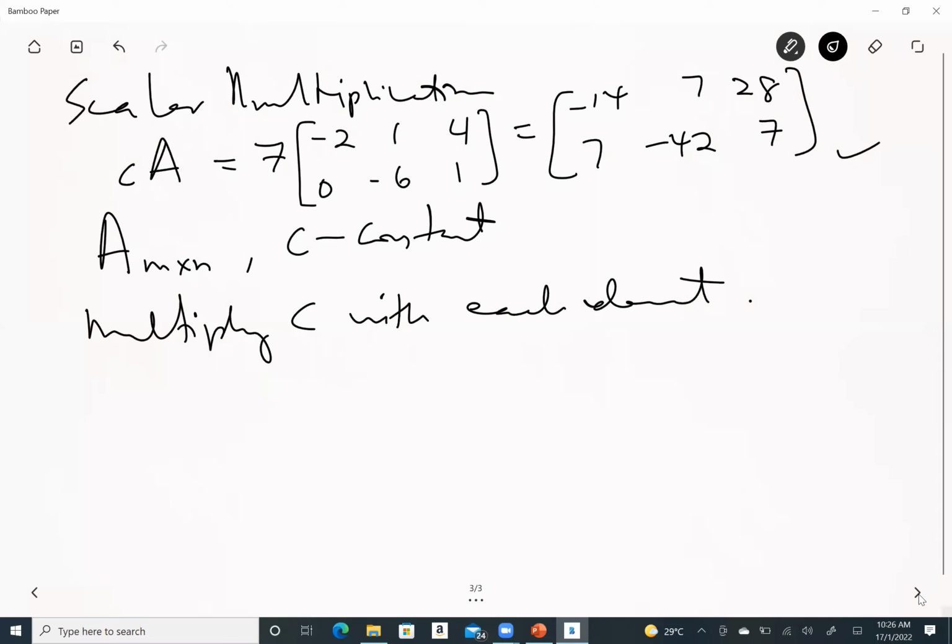And you will get the corresponding element.